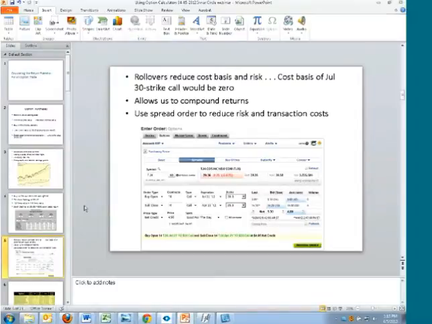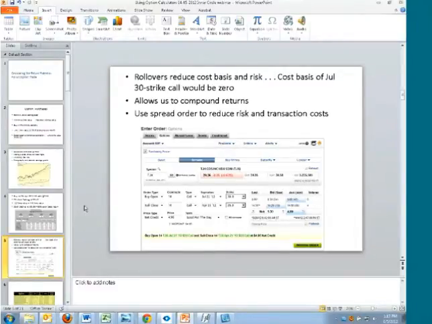And when we roll an option over, we reduce the cost basis and obviously the risk. If you reduce the cost basis, you're obviously going to reduce the risk also of the new option. And this allows us to compound our returns.